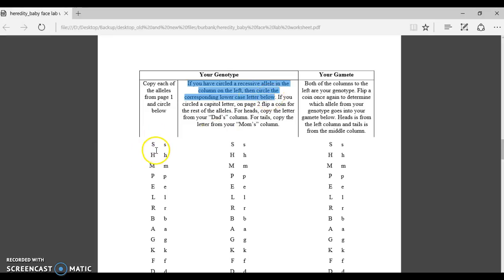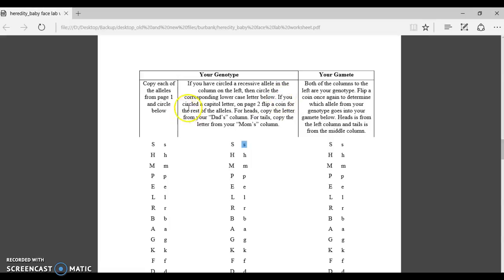So for any of these traits, if any of your own personal traits happen to be a recessive or lowercase letter symbol, then you automatically over here choose the recessive one as well. So if you said you were lowercase s for that first trait here, you would automatically choose the lowercase s in this category here.